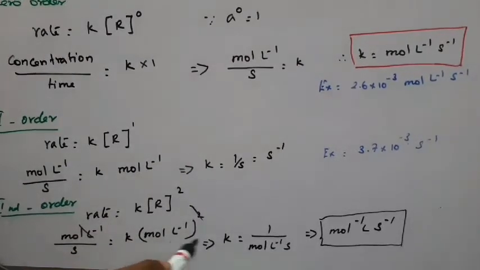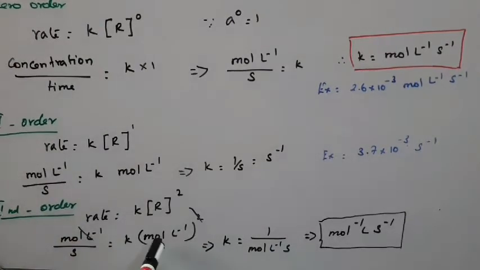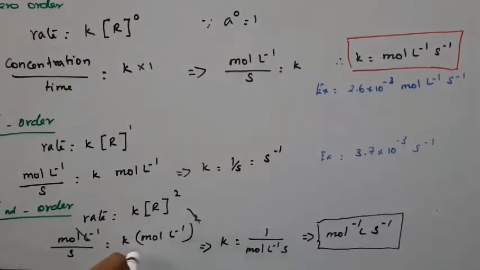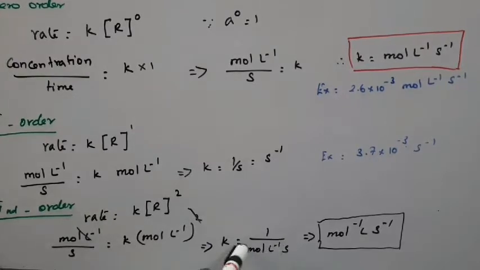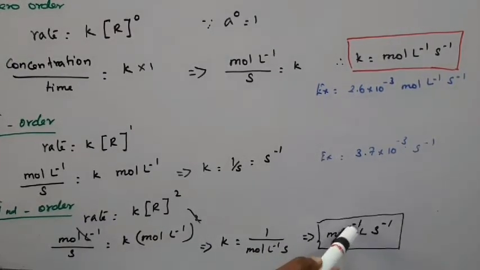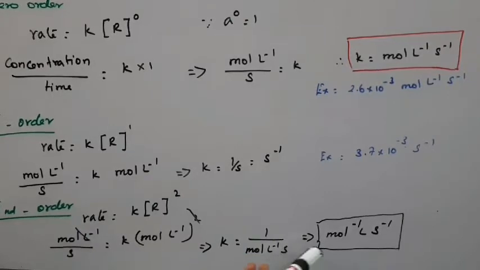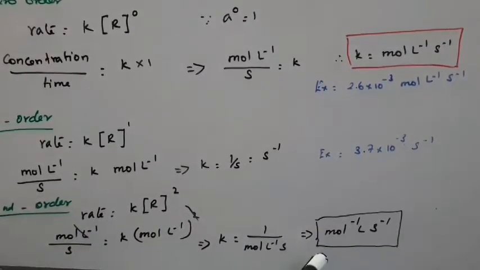Then for the rate constant, K equals 1 by mole per liter per second. When it comes down, it is 1 by mole per liter and second. Then K equals mole inverse, liter, and second inverse. This is the unit for second order reaction.